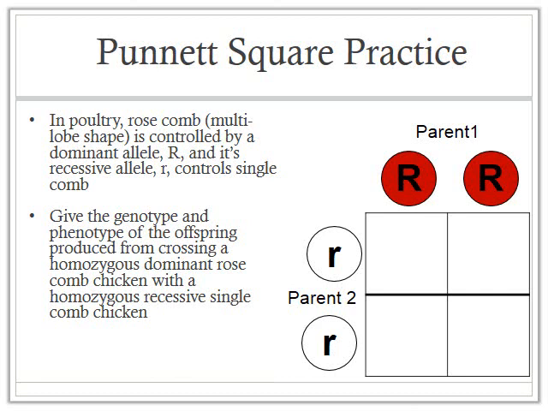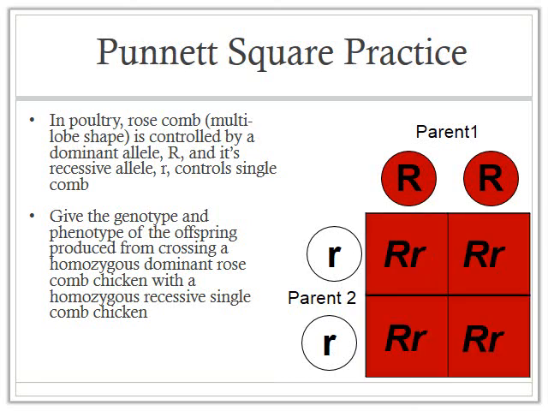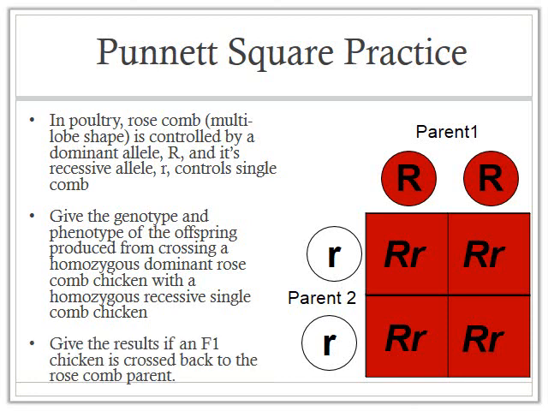So filling in the first square with big R, little r. The next squares are all big R, little r, bringing down the big R's and bringing over the little r's. And so that was big R, little r is 100% of the genotype.